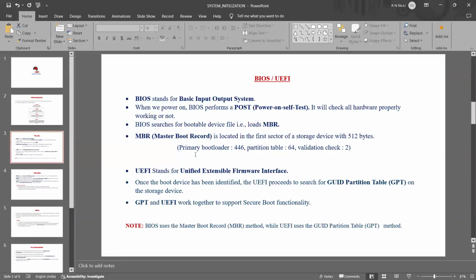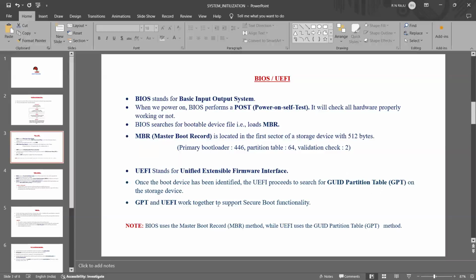But in the latest hardware, UEFI is there. I mean, the UEFI booting process is there. So UEFI stands for Unified Extensible Firmware Interface. So BIOS loads MBR, that is the master boot record. But UEFI uses the GUID partition table, meaning the GPT partition table.